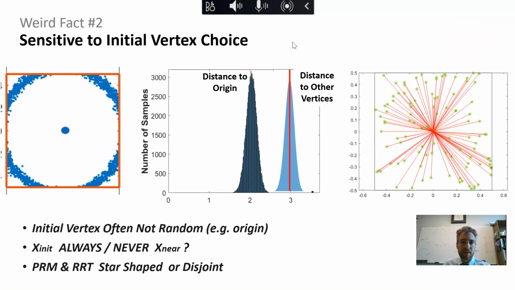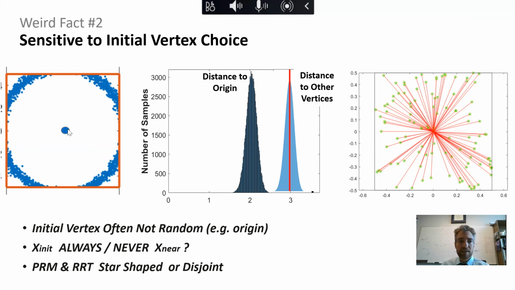The second fact that I think is interesting to explore is the choice of an initial vertex. Very often we seed the tree with one vertex that's not generated at random that we arbitrarily place. And it turns out that the placement of this vertex can have huge implications for the growth of the tree. So for example, I might decide to put a vertex at the origin, but that's an interesting choice because there's virtually 0 probability, if you recall, of generating one there by chance.